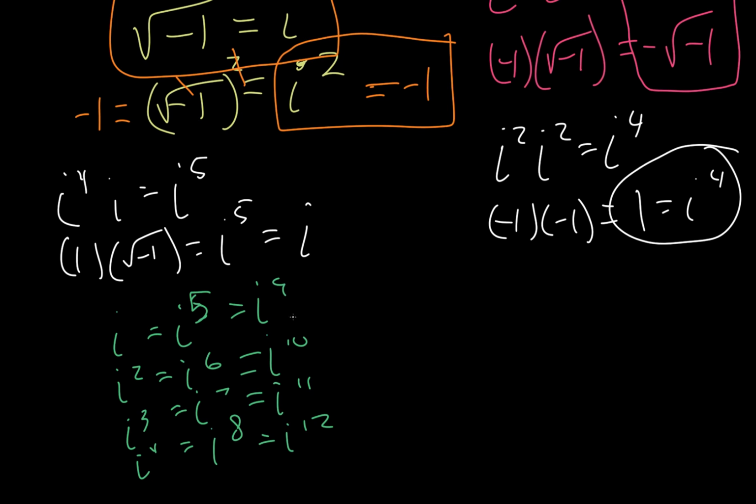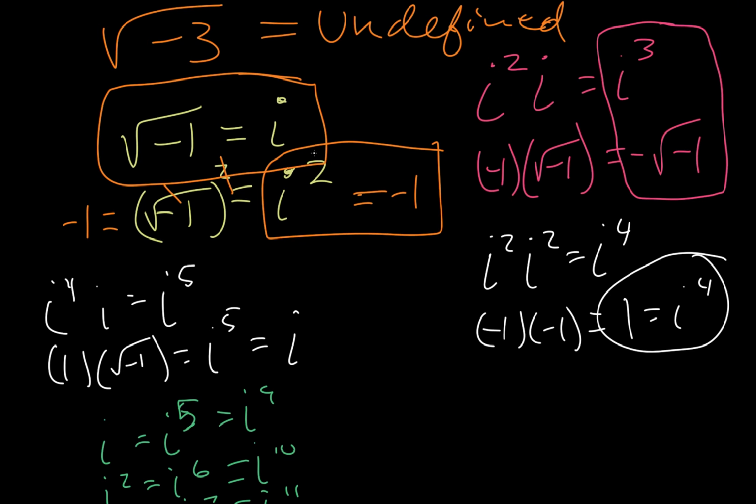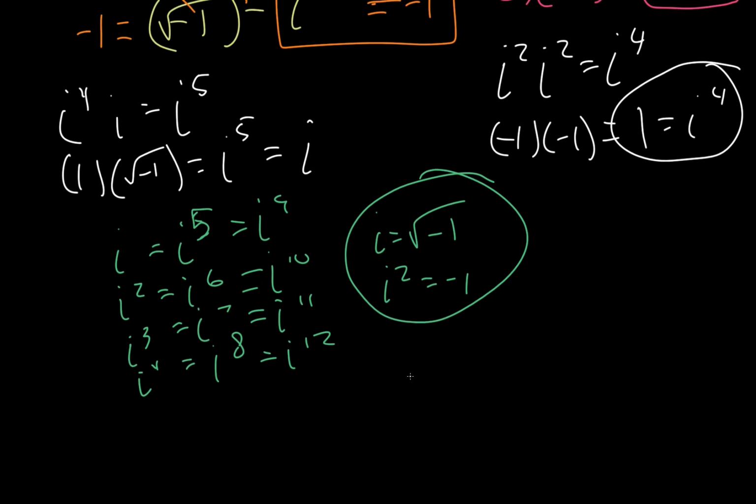Once again, we're not going to use a ton of this. The two main relationships are i is equal to the square root of -1, and i squared is equal to -1. These are the ones we're going to use the most. So if that other stuff confused you, try to just take it as an FYI. I think it's cool that it loops around like that, but in this class we don't use that often or at all.